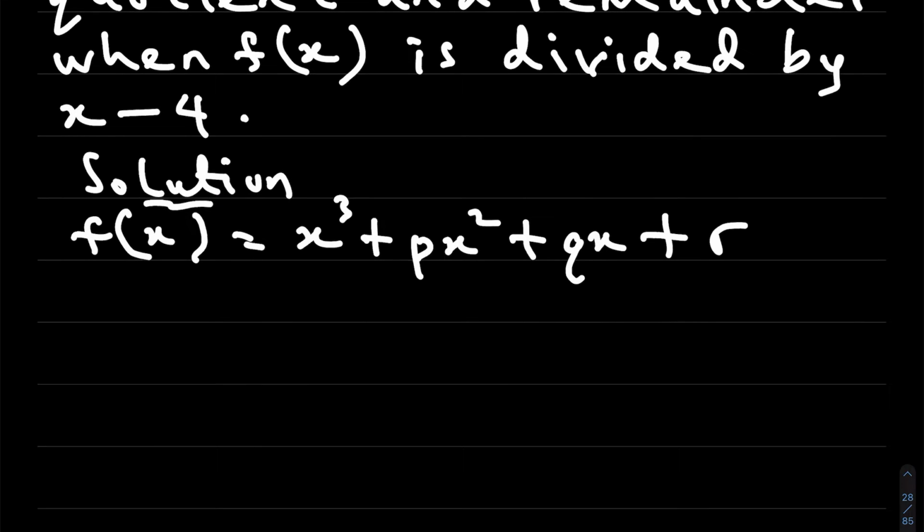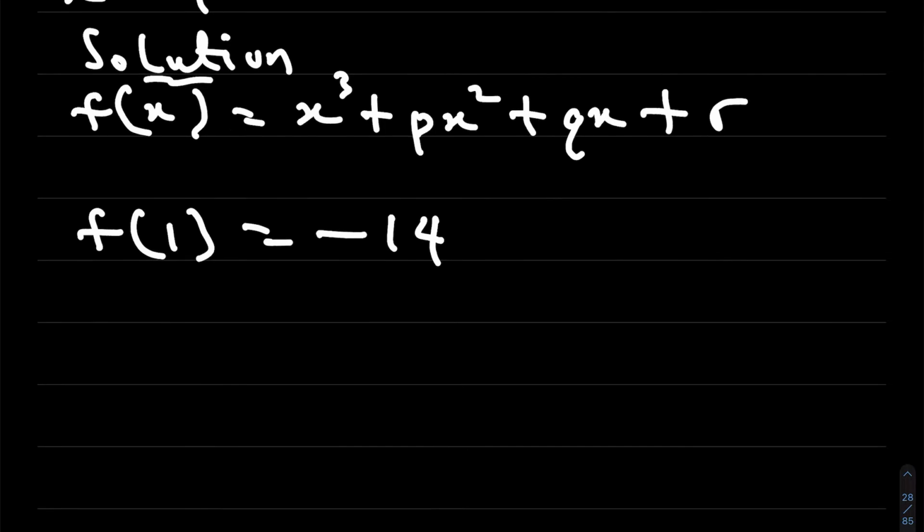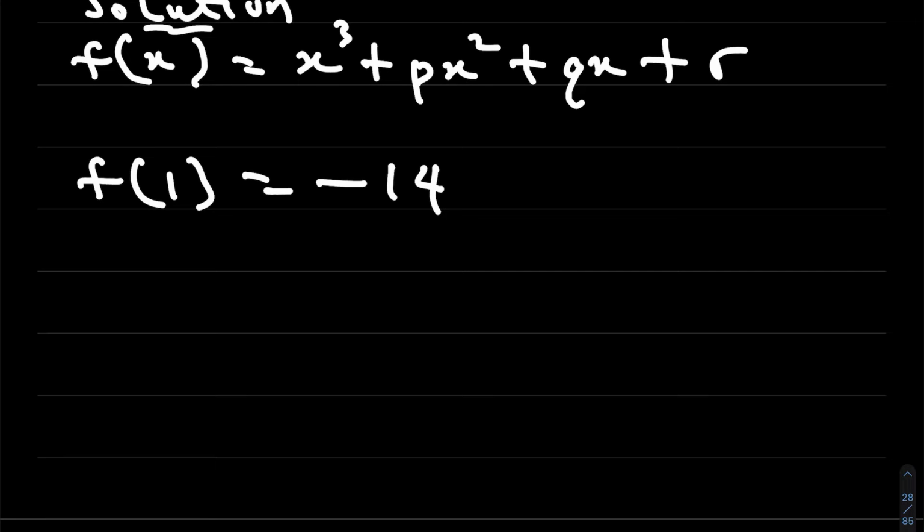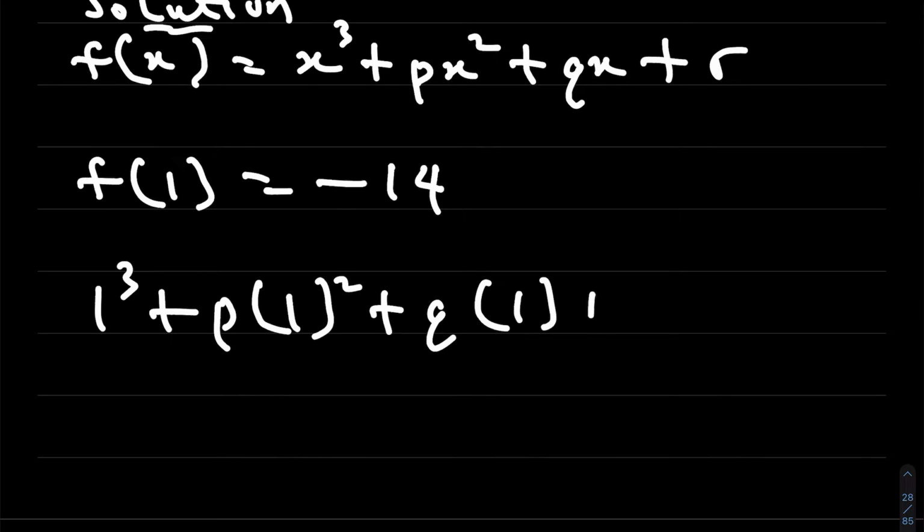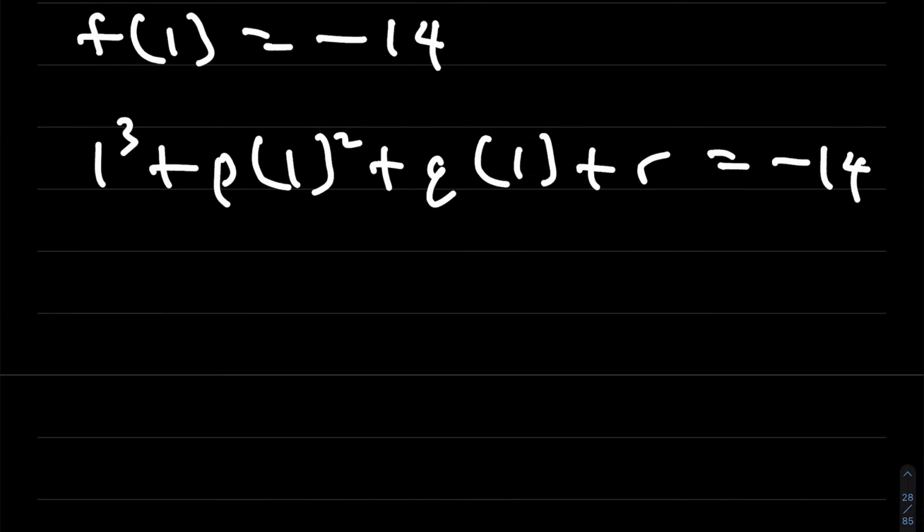That simply means f of 1 equals minus 14. And that means 1 cubed plus p times 1 squared plus q times 1 plus r equals minus 14. And that simply means p plus q plus r equals minus 14.